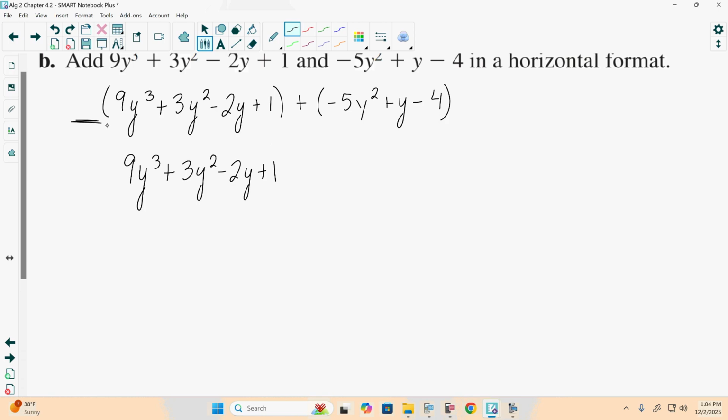It's understood to be positive 1. We can just drop the parentheses. The 9y cubed, 3y squared, negative 2y, and 1, all are going to be the same. The second set of parentheses, we can really distribute this positive 1 through, which is really just telling us it's going to stay negative 5y squared, positive 1y, and negative 4. The signs aren't going to change.